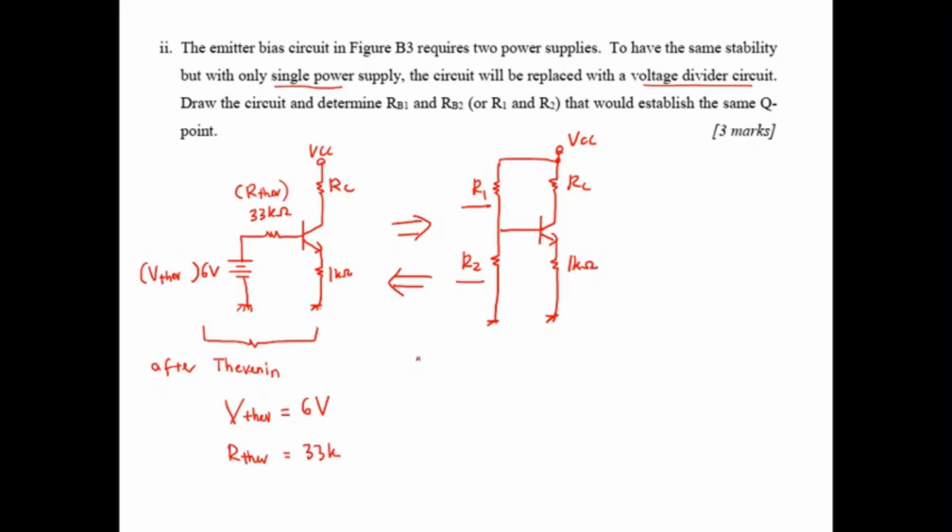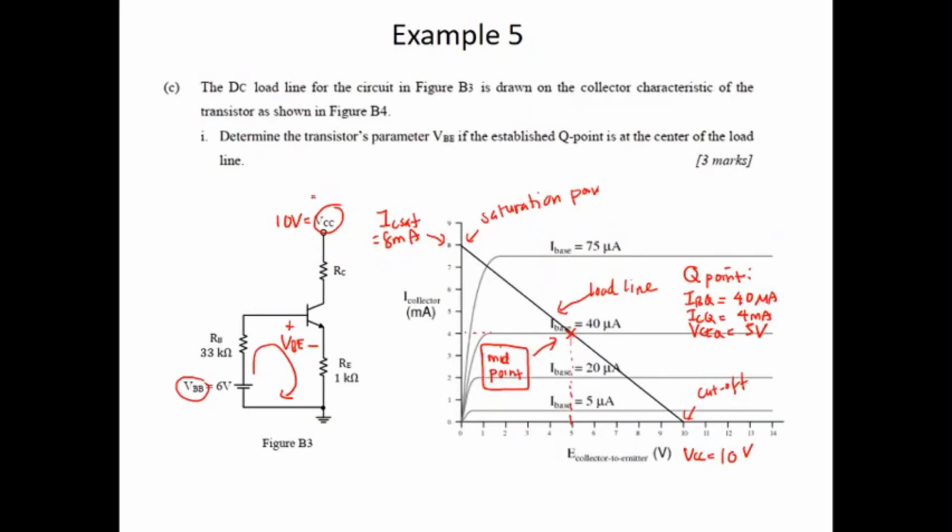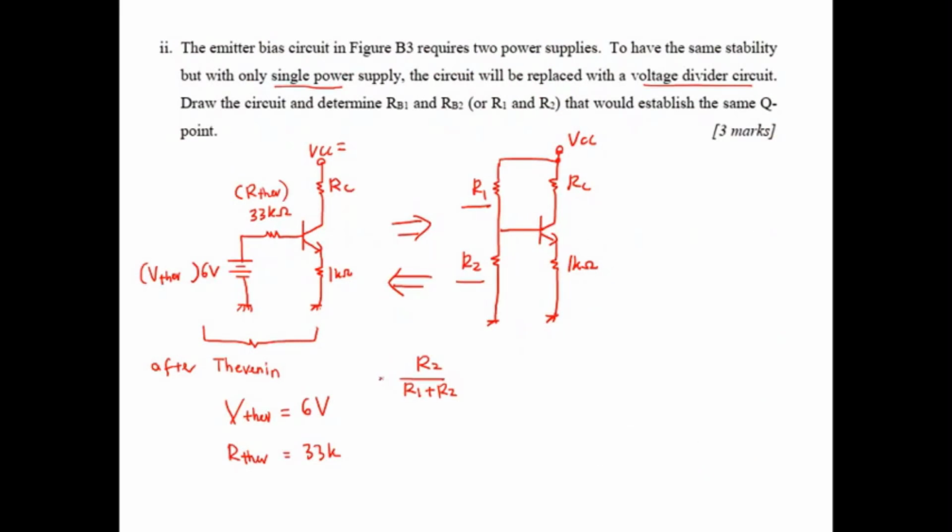The equation is R2 over R1 plus R2 times VCC. VCC is not directly provided, but we can get the VCC value from the load line. The VCC value is at the cutoff point, which is 10 volt. So VCC is 10 volt, times the 10 volt equal to 6.